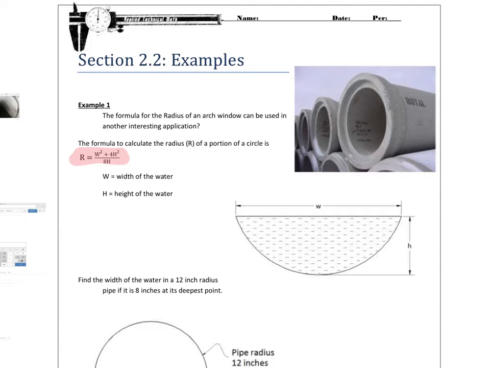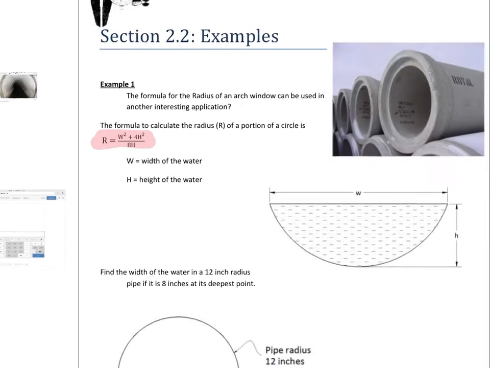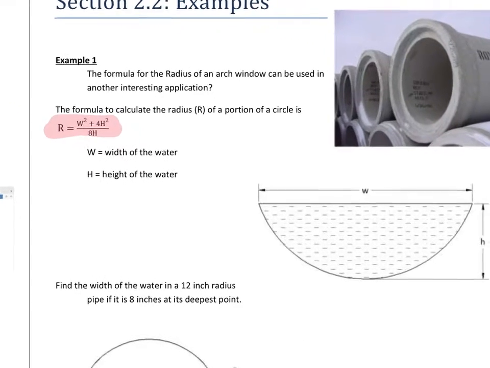All right, so here we have a picture of what the water looks like as it flows through one of these big pipes, like under a city. And we want to figure out the width of it. Now, if we reach down from up above, we can see the height of it. And we want to figure out this width maybe to know how much water is actually flowing through the pipe.